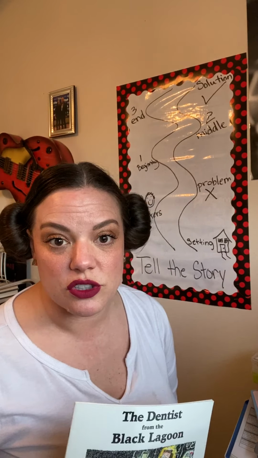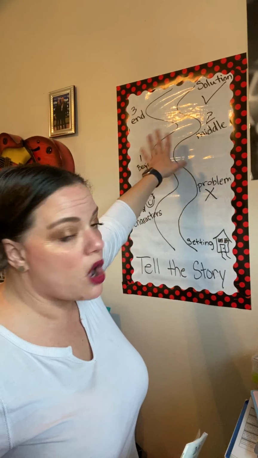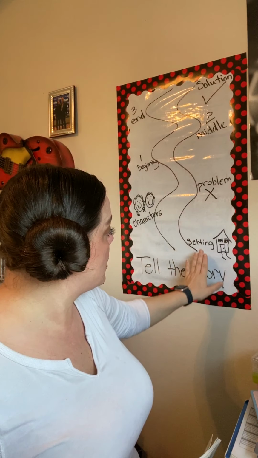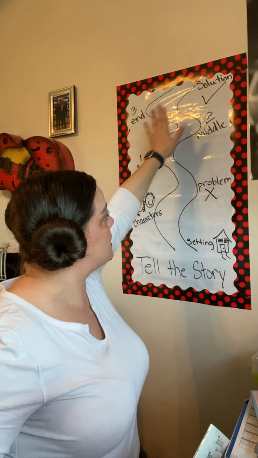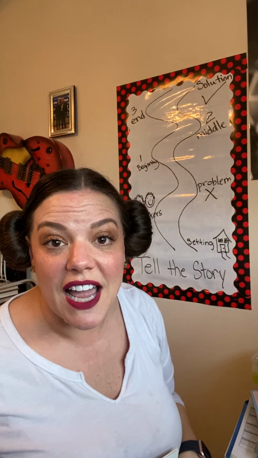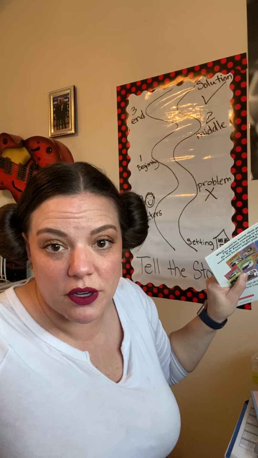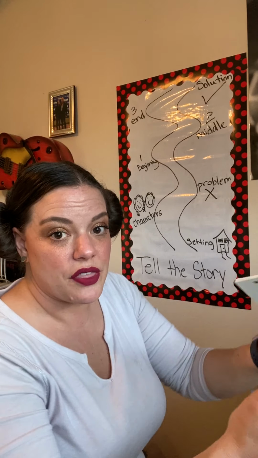So I'm going to read you the story, and then we together are going to go on this story path and figure out the setting, the characters, the problem, the beginning, middle, and end, and the solution. Okay? If we were in the classroom, I would do this on a big sheet of paper, and we would actually walk on the story path and say the different parts.